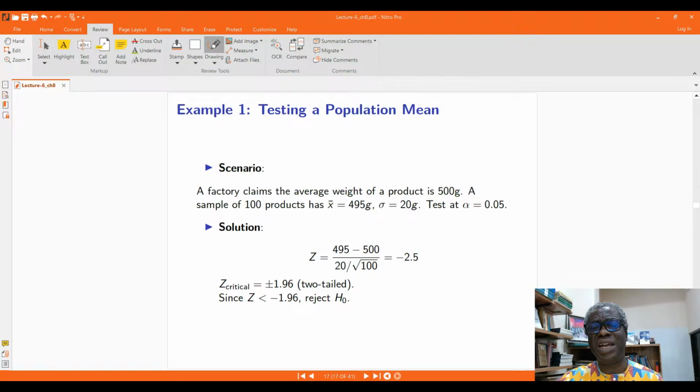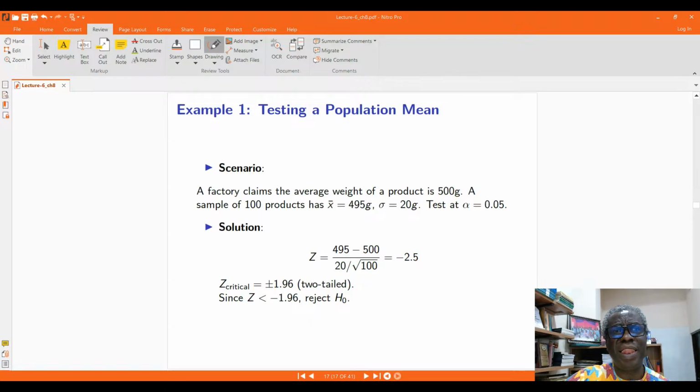So that is the claim about the product emanating from the factory. So you could regard that as the population mean of the average weight of products coming from the factory.